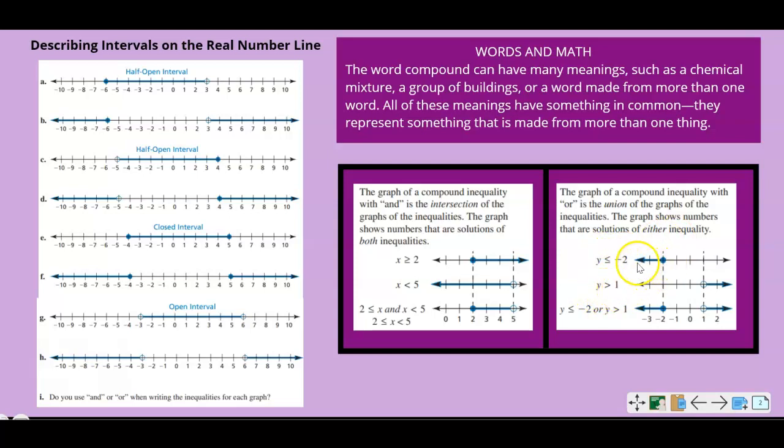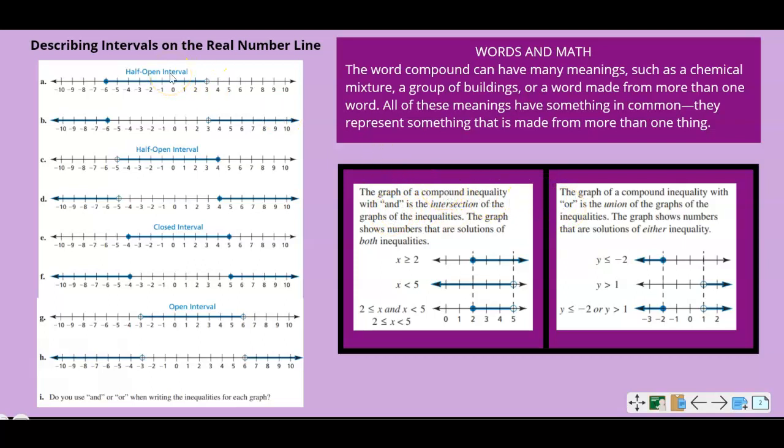You can see all of these are less than or equal to -2. All of these are greater than 1. Because this is a compound inequality with the word or, these will be graphed on the same number line, but you can see they go in opposite directions here. All right, so know the difference between and or or when it's related to compound inequalities in math.